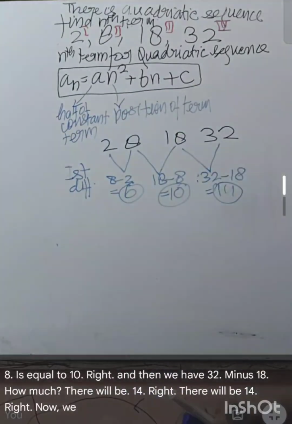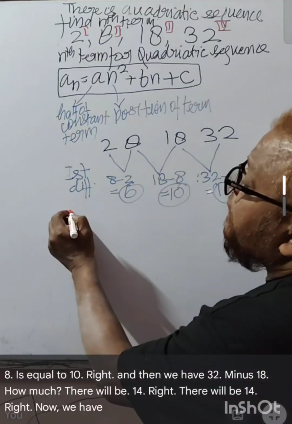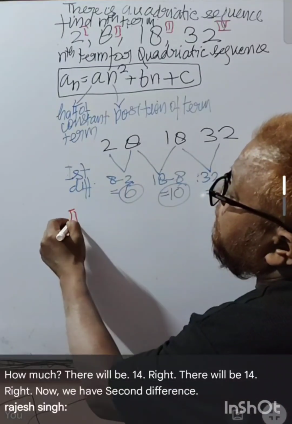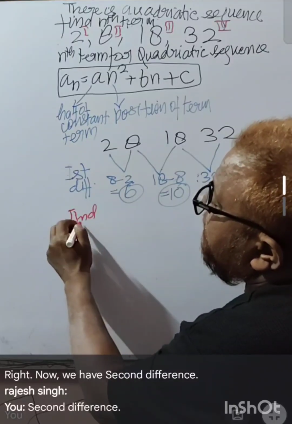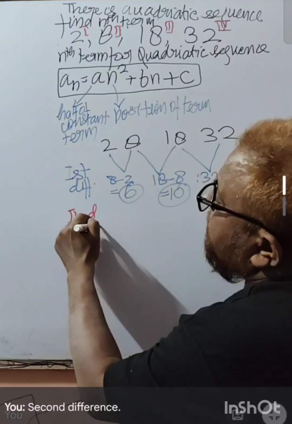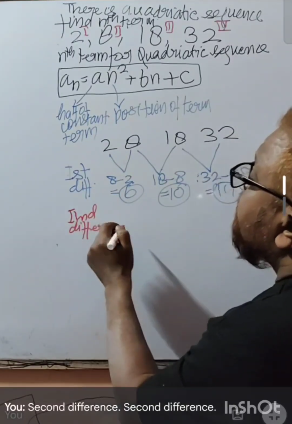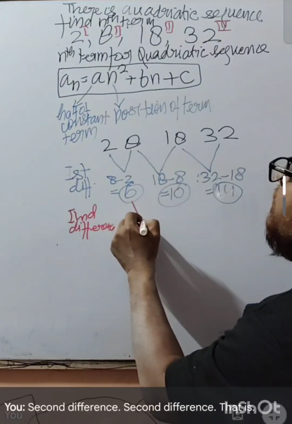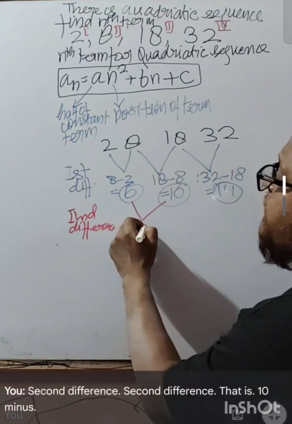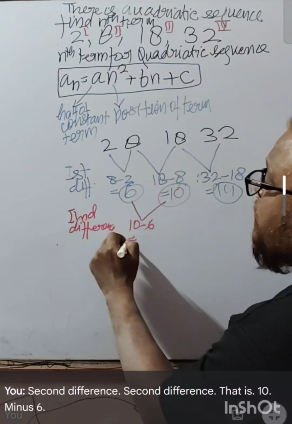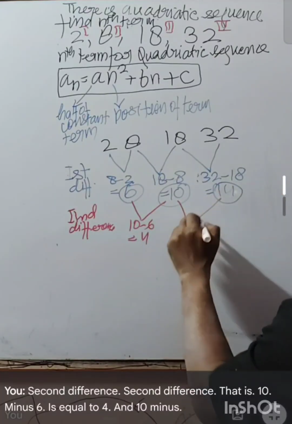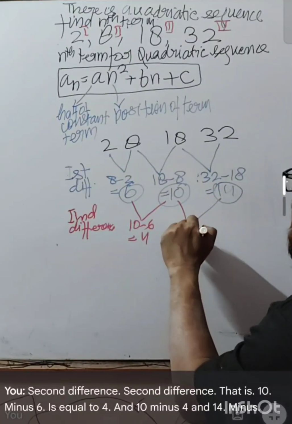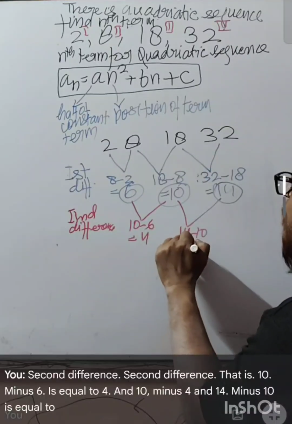Now the second difference: 10 minus 6 is equal to 4, and 14 minus 10 is equal to 4.